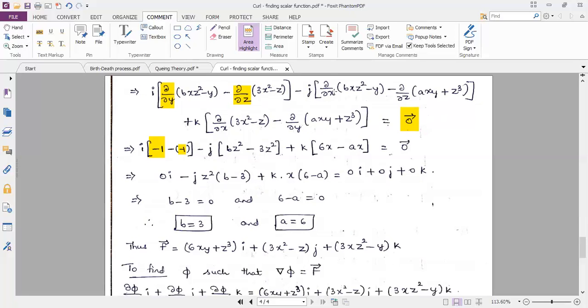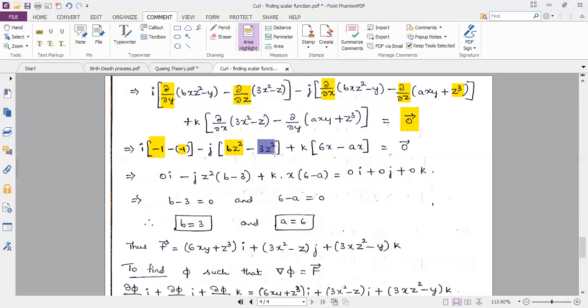Minus j multiplied by dou x: with respect to x, differentiation of bxz square is bz square. Differentiation of minus y is 0 when we differentiate partially with respect to x. Minus dou z: with respect to z, differentiation of axy is 0, z cube differentiation is 3z square.